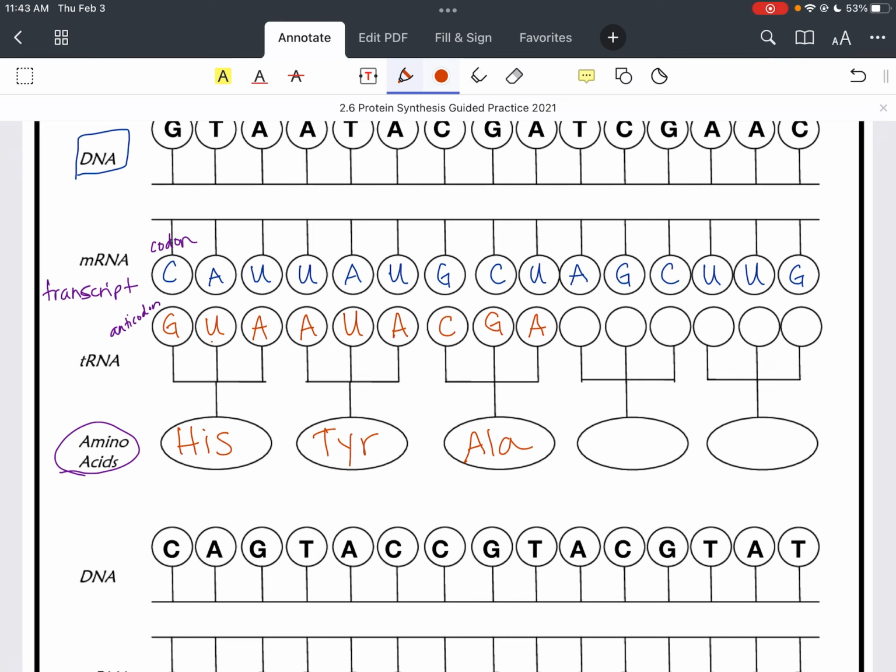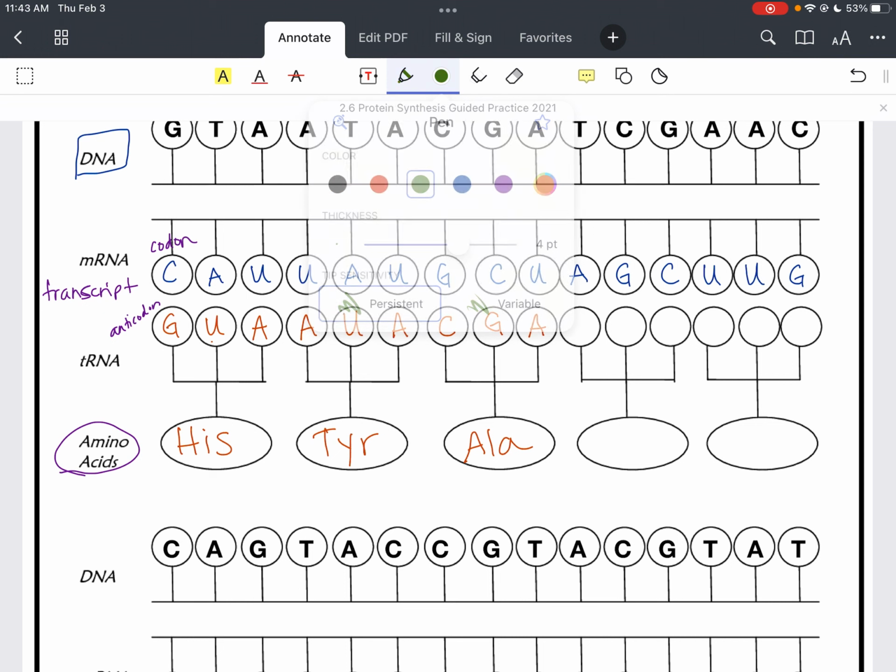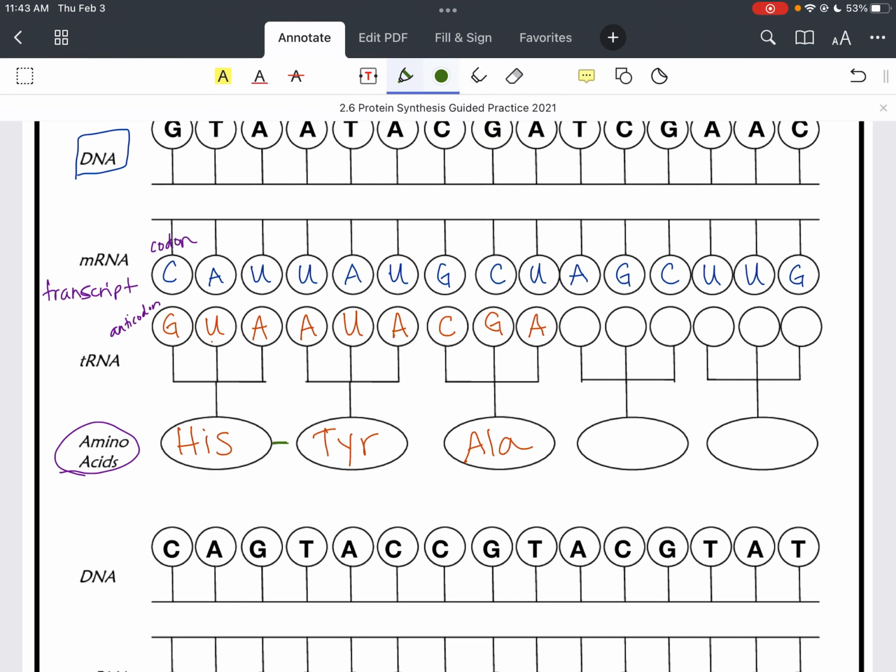And so then as it's going along, these little amino acids are being tied together with what we call peptide bonds. Okay, so inside the ribosome, where this is occurring, our amino acids are just being bonded together via peptide bonds.